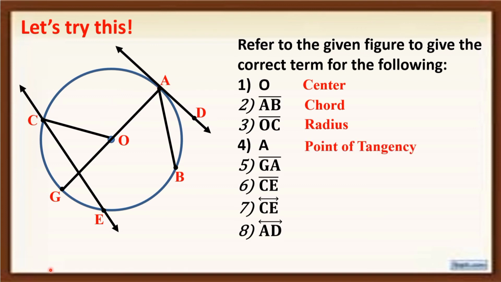That is the point of tangency. How about number 5? Line segment GA. That is the diameter. Number 6, line segment CE. That is a chord. Next, number 7, line CE. That is a secant. And line AD, that is a tangent.